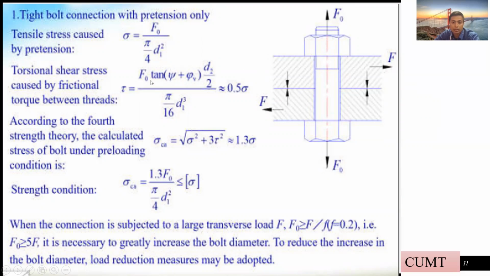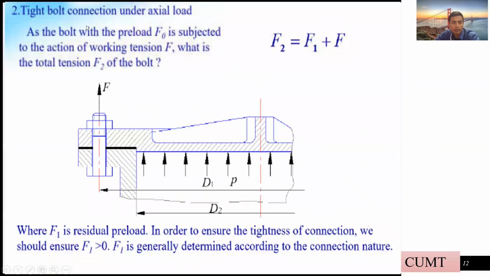You can go through all of them, and you can get the value for the strength condition. If you fulfill the condition, that means your device or assembly object is ready to use or to commercialize for the next use. And then the tight bolt connection under axial load.